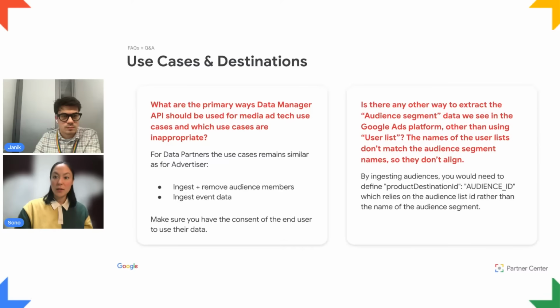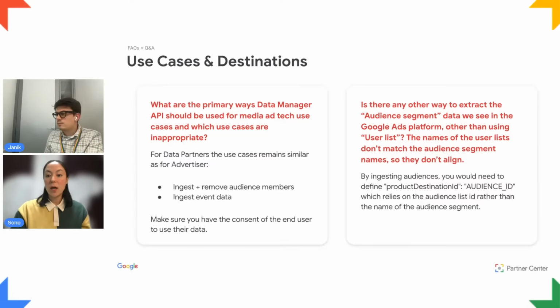As of now, the functionality of the DM API offers ingesting and removing audience members for Google Ads and DV360 and ingesting event data. Depending on the region you're operating in, just make sure that you have the consent for all of the user data you're sending.